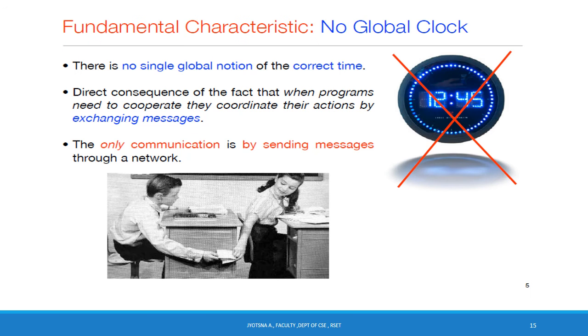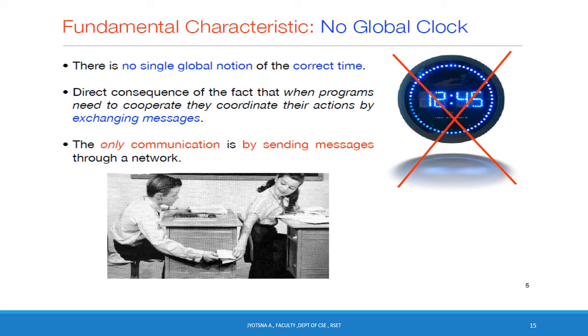The next fundamental characteristic of distributed systems is no global clock. There is no single global notion of the correct time. In a distributed system, processes run on different machines, right? There is no shared memory or shared global clock concept. A distributed system is a loosely coupled system.